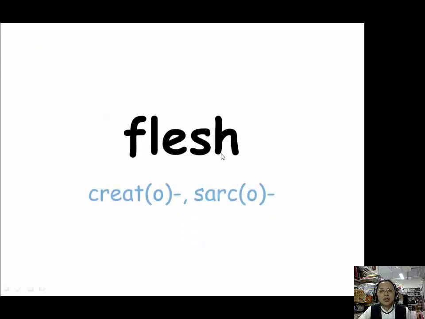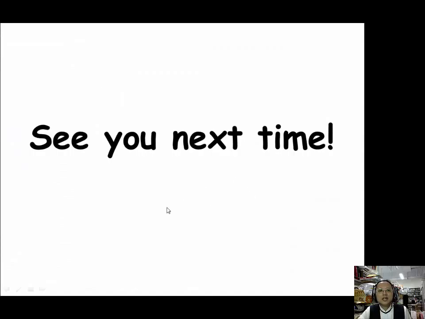For flesh, we have 2 prefixes, creato, C-R-E-A-T-O, and sarco, S-A-R-C-O. We have finished all the prefixes and suffixes for lesson 14.